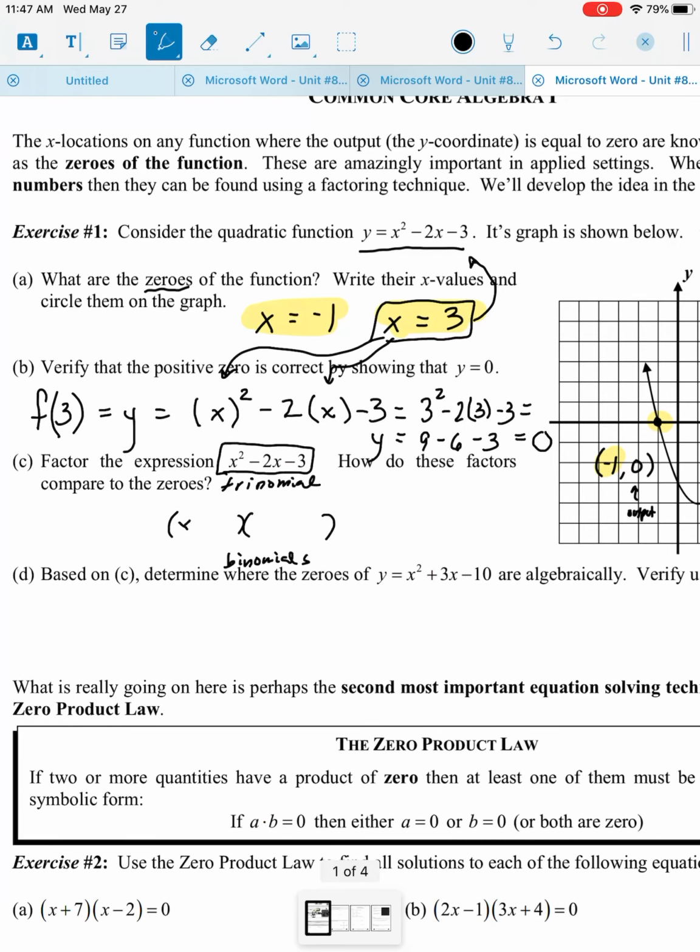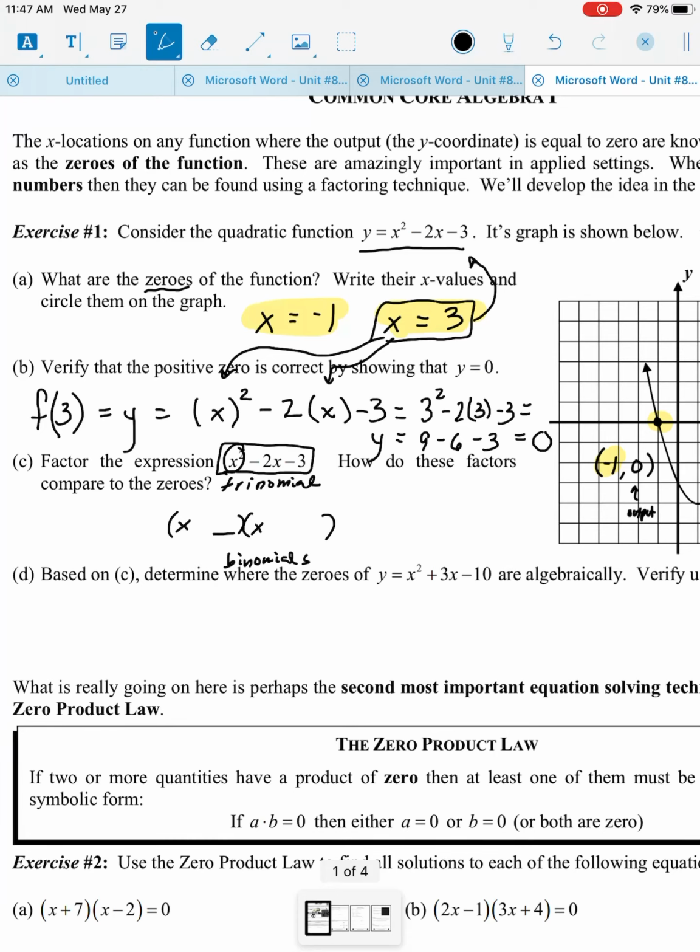Now, if you recall, from about a month and a half ago when we worked on polynomials and factoring trinomials into binomials, we started with both x variables in the parentheses, because when we FOIL them out or multiply these binomials together, we're left with an x times x, giving us my x squared term.